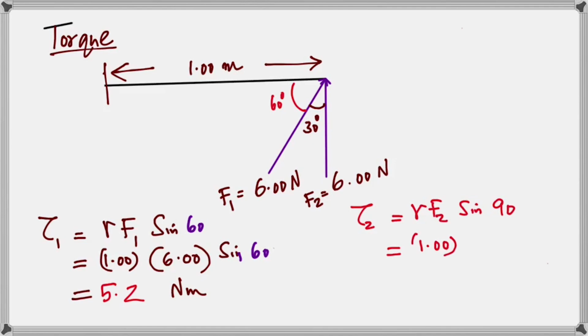But for the second force, the torque is 1 times 6 times sine 90, which is 1. So it's just 6 Newton meters. So you see there a bigger torque. In fact, the biggest torque with a force is when you apply it at right angles to the door. Remember that.